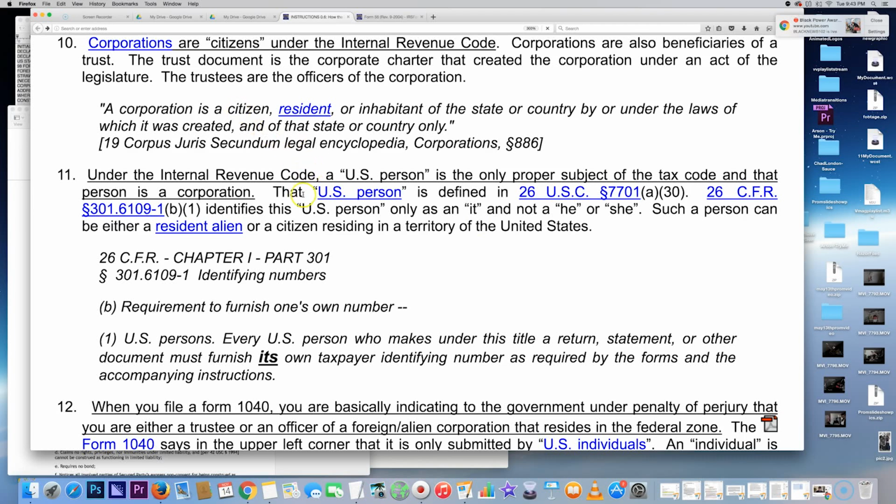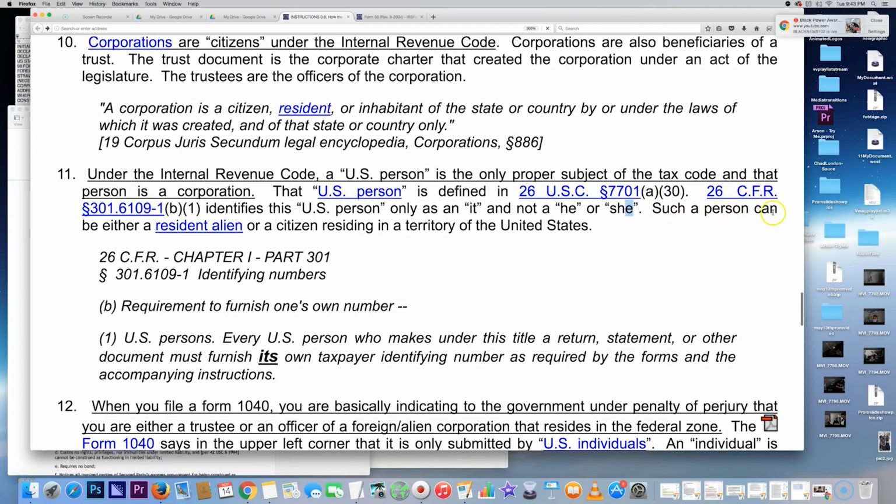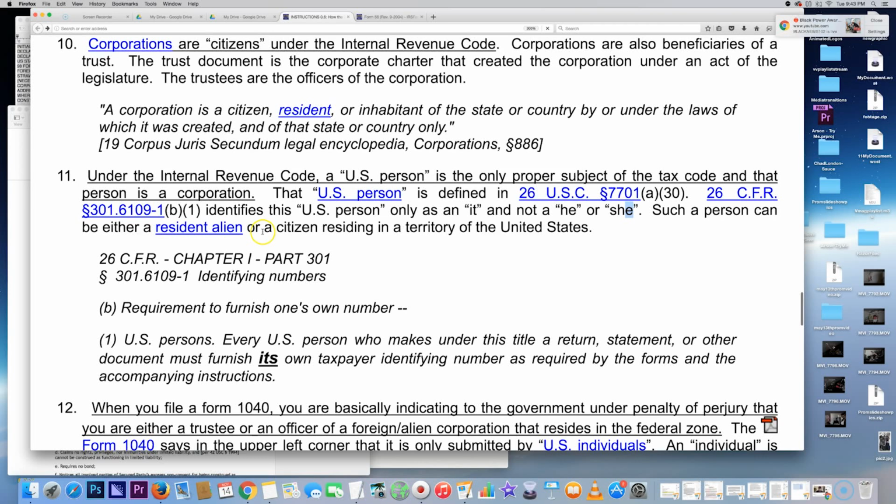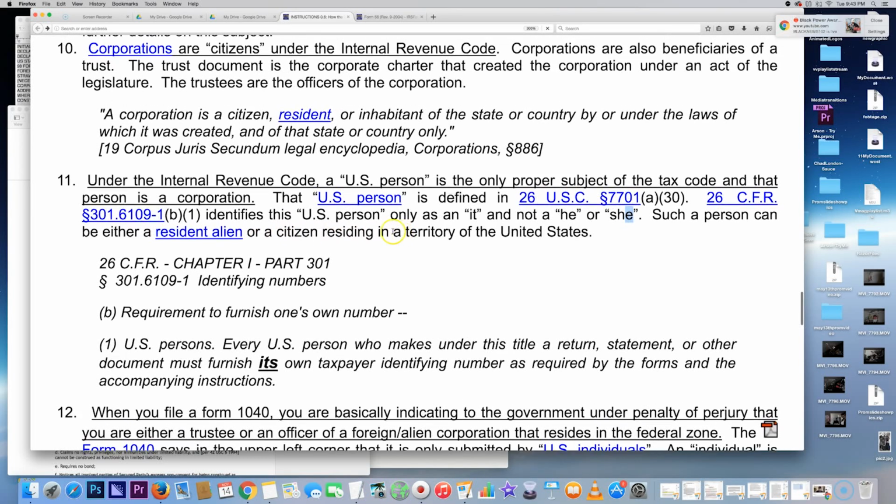So we are classifying ourselves as an it, as a thing, and not a he or a she, which is related to the flesh and blood man or woman, right? Such a person can either be a resident alien or a citizen residing in a territory of the United States.